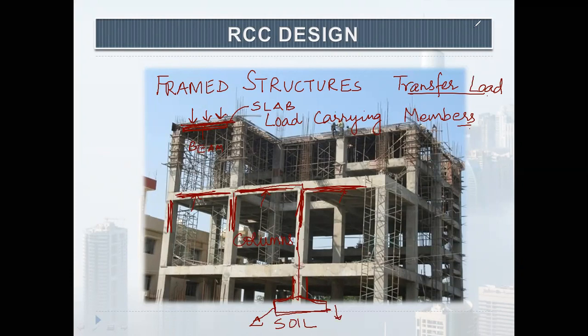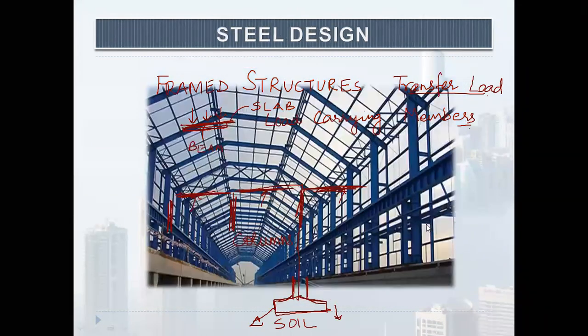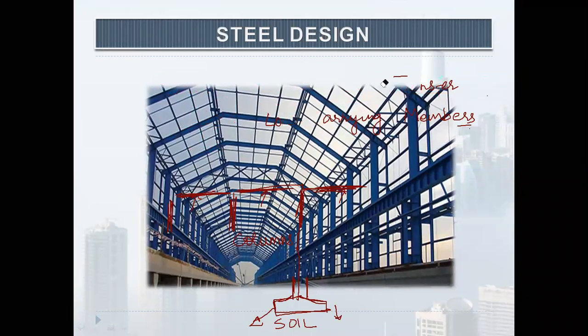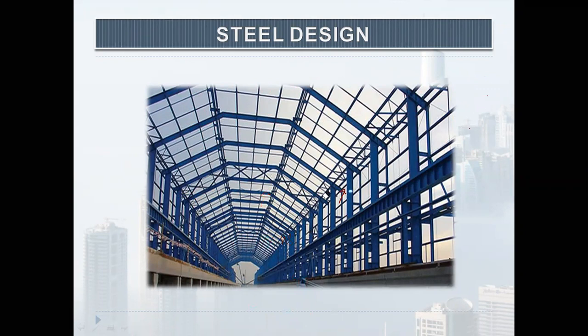Now in the next slide, let's see what is steel design or steel frame. As we'll see here, the structure is a steel structure in which many steel members are joined or connected to make a structure. This is basically an industrial shed.